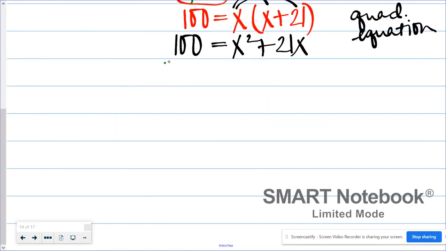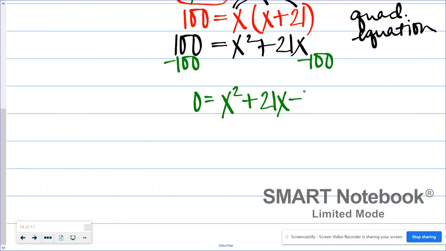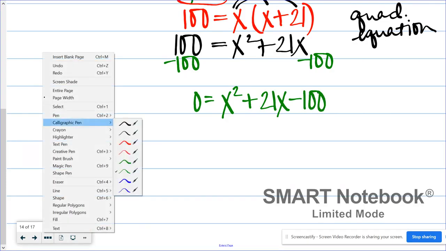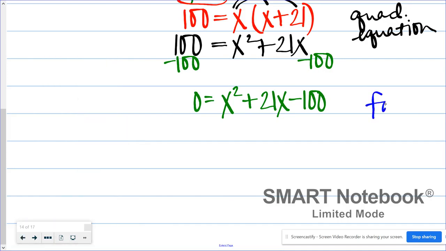So I need to subtract 100 from both sides. So now I have 0 equals X squared plus 21X minus 100. So once my quadratic equation is equal to 0, then I can go ahead and factor it.